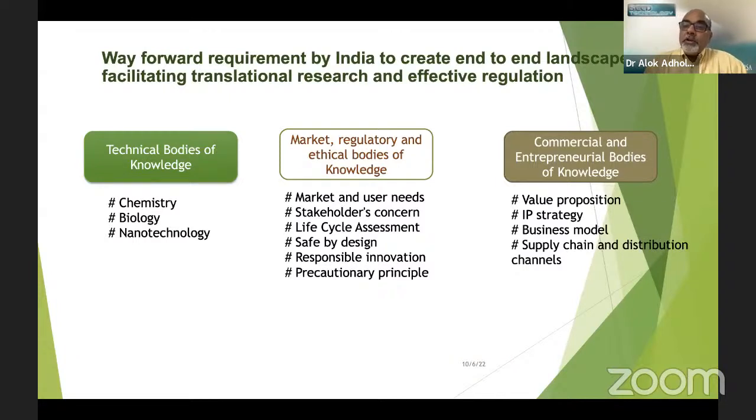From the commercial and entrepreneurial bodies of knowledge, the value proposition is a very important aspect. IP strategy is another very important aspect, and that's something which is being encouraged. Business model, supply chain, and distribution channels.